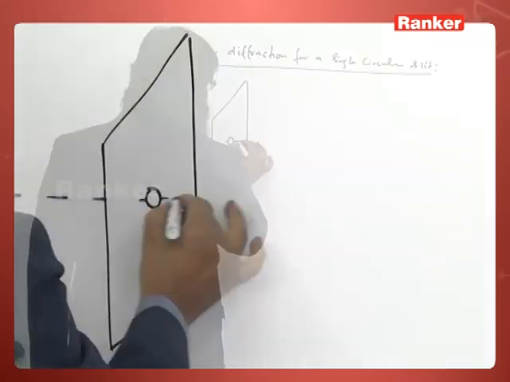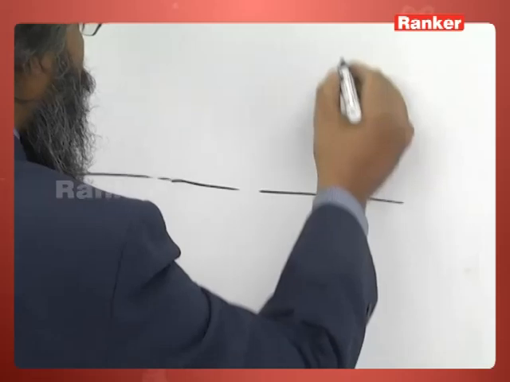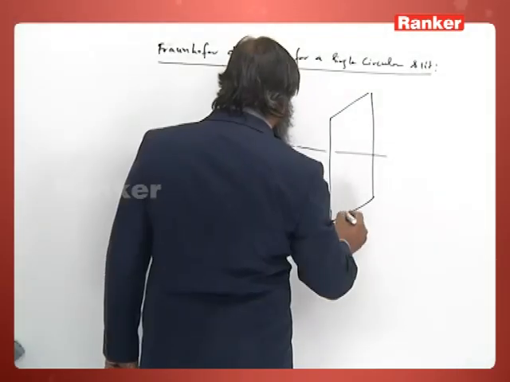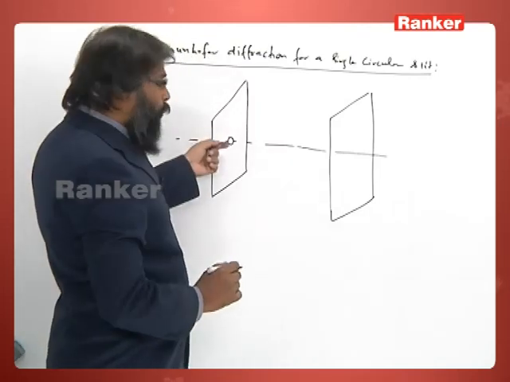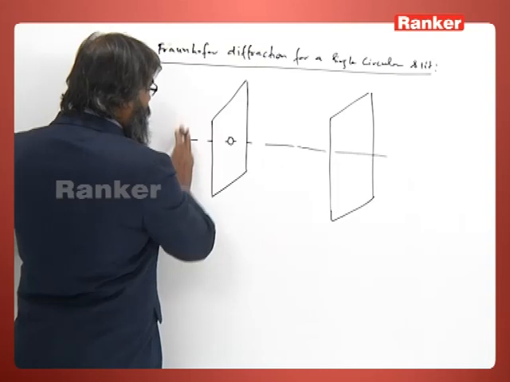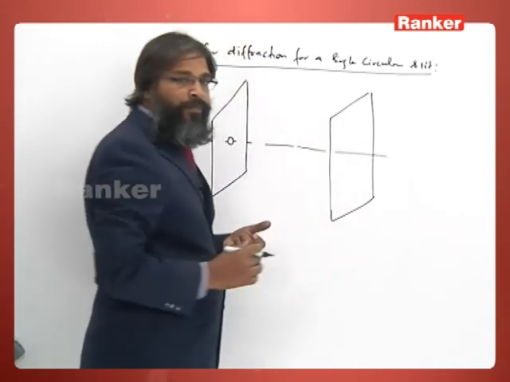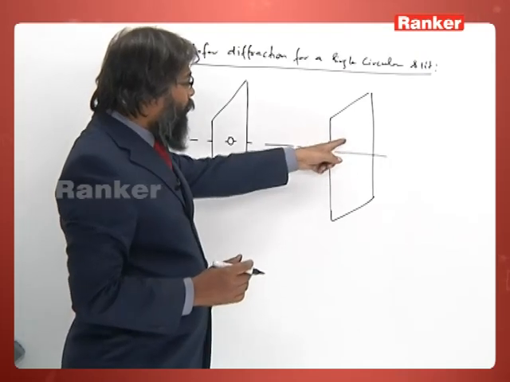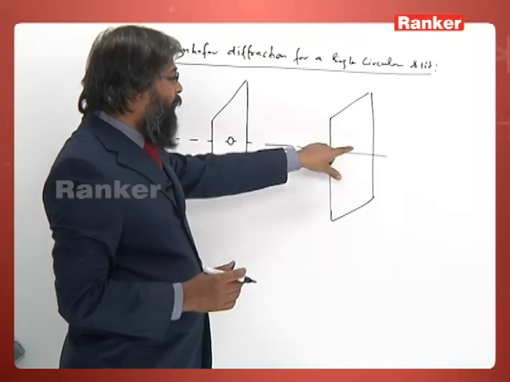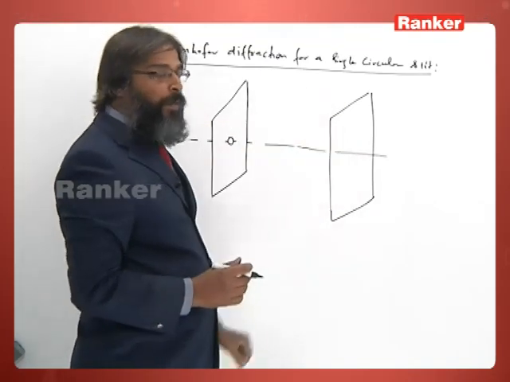Again, the same arrangement as the previous one, using a lens. If this opening is large, then we get a spot of light on the screen. There will be a bright spot, and everywhere else there will be a shadow region.